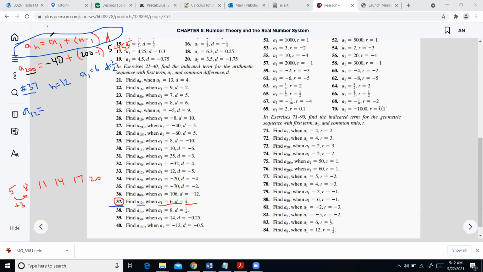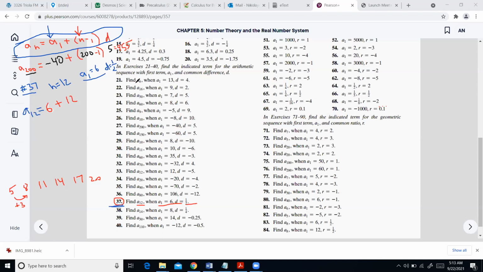So instead of A1, I'm going to use 6, so I'll put 6 here. Plus, instead of n, I'm going to use number 12.